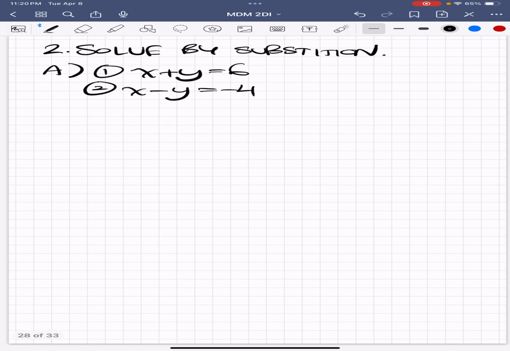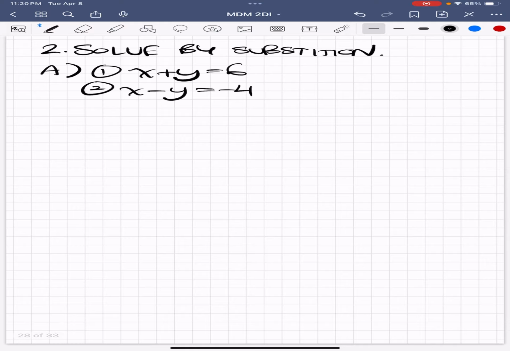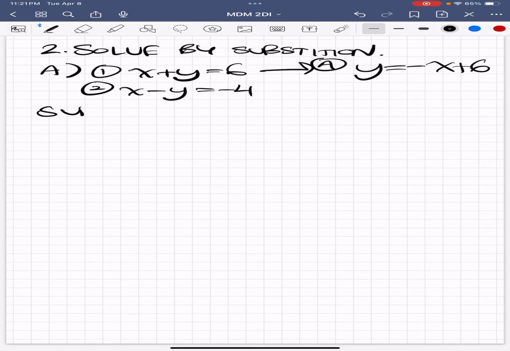Alright, moving on. So this would be equation A. We have y equals negative x plus 6, and then we substitute A into equation 2.